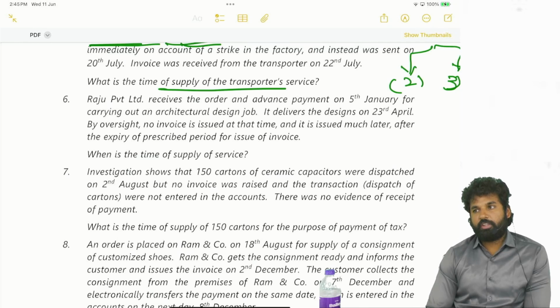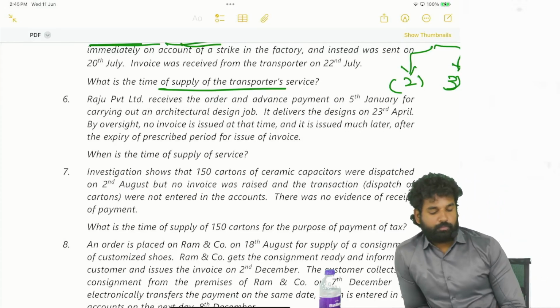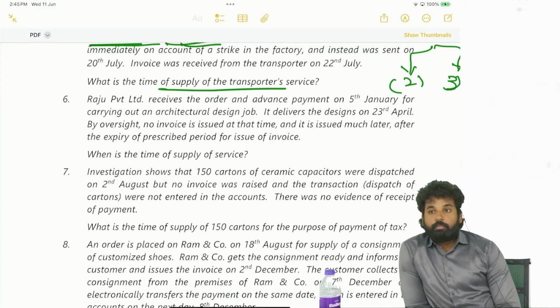Service, no. Section 13. Forward charge, reverse charge. Architect service only, no? In the reverse charge list we have not seen architect service, right?